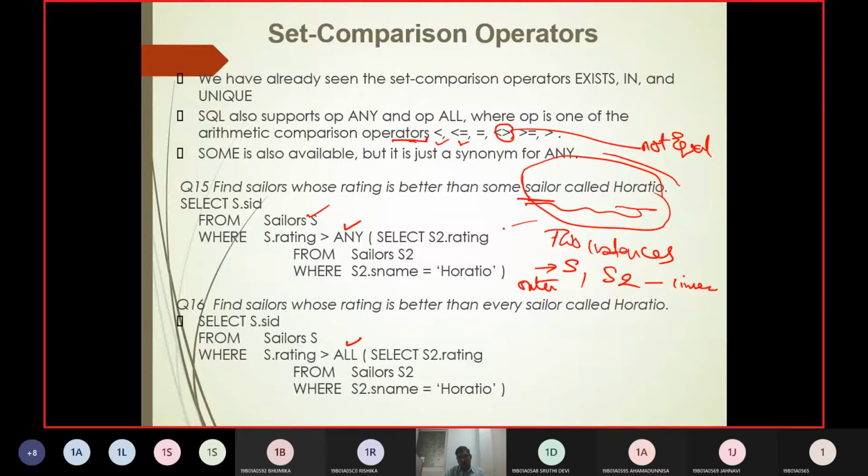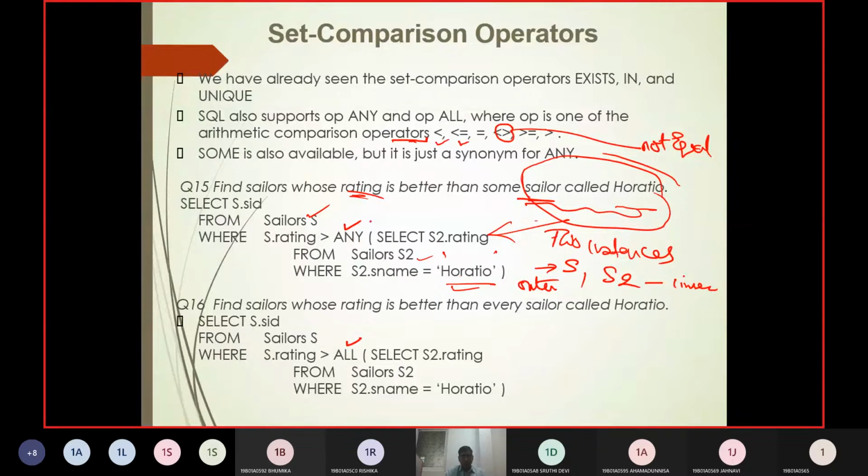Now, sailor called Horatio. We need the sailor S2, and his name should be given in quotes because SQL is going to accept the Horatio content. That too, as how we define text, the exact string matching is going to happen.